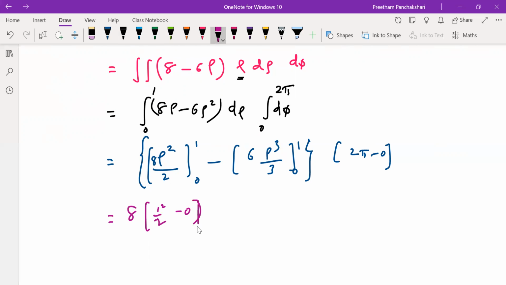This is the limit that is applied for the first term. Similarly here, 6 into 1 cube by 3 minus 0, into 2 pi.